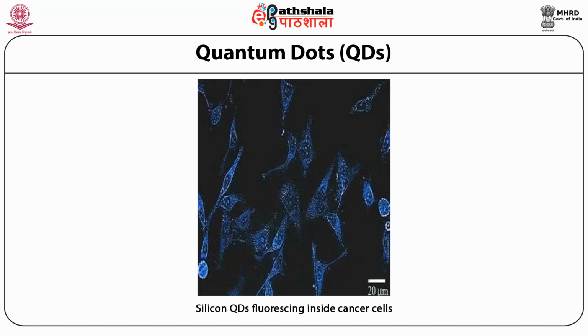On the basis of the same background, quantum dots are being fabricated without cadmium, which are called cadmium-free quantum dots. The latest trends are now in the fabrication of silicon-based quantum dots. This picture is showing silicon quantum dots fluorescing inside the cancer cells.